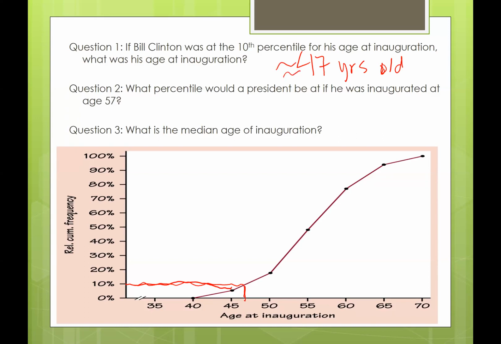What percentile would a president be if he was inaugurated at age 57? So it works the other way. You can start with the age and you can figure out the percentile, or you can start with the percentile and figure out the age. So at age 57 is about here.